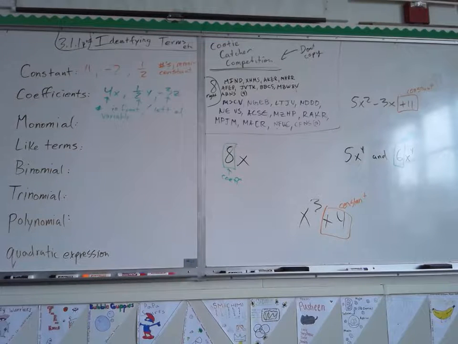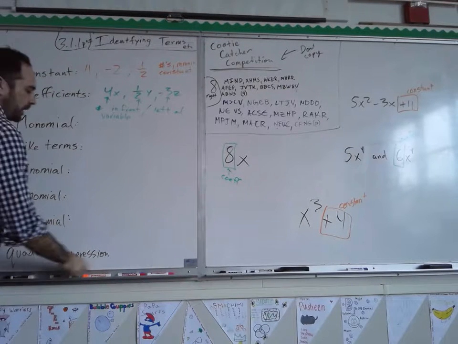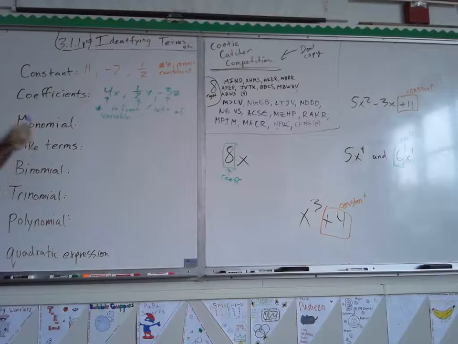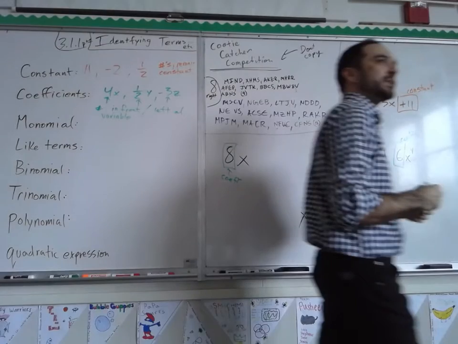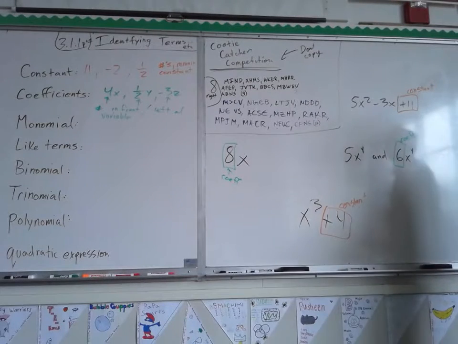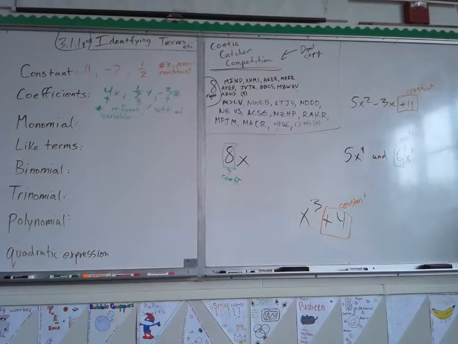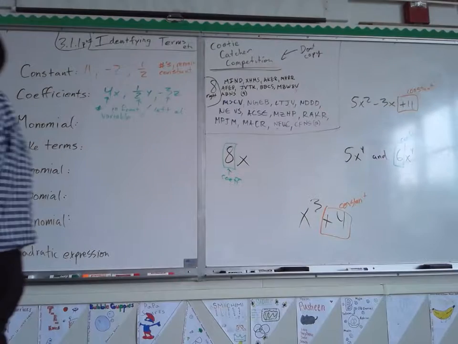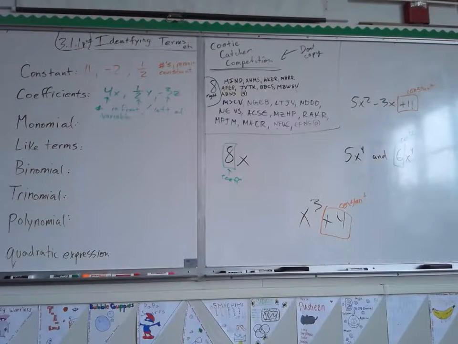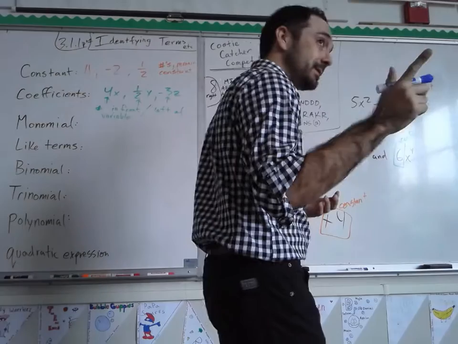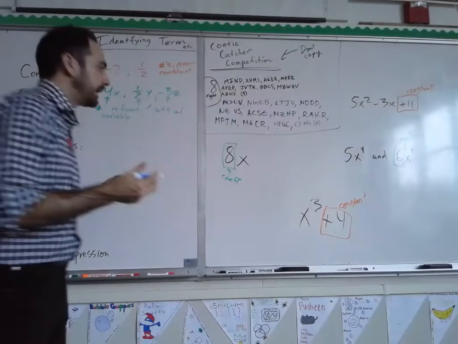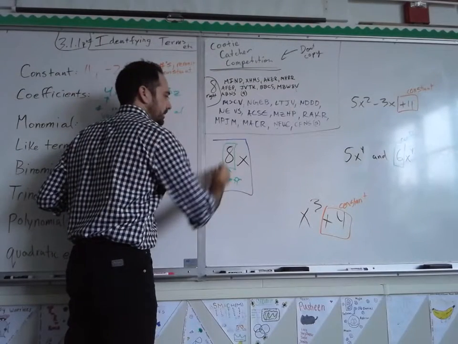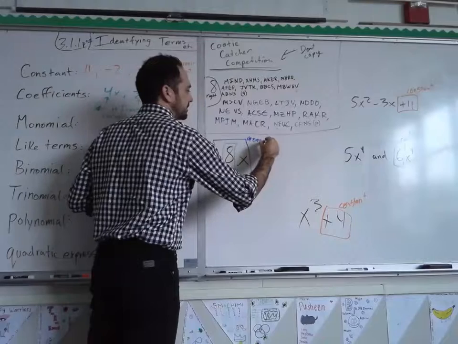Monomial. What does the prefix mono mean? One. Single, one. Okay. So, what are we going to look for as far as a monomial? Somebody name off a monomial. How do you know? 8x. Good. 8x. This is our monomial because there's only one coefficient.